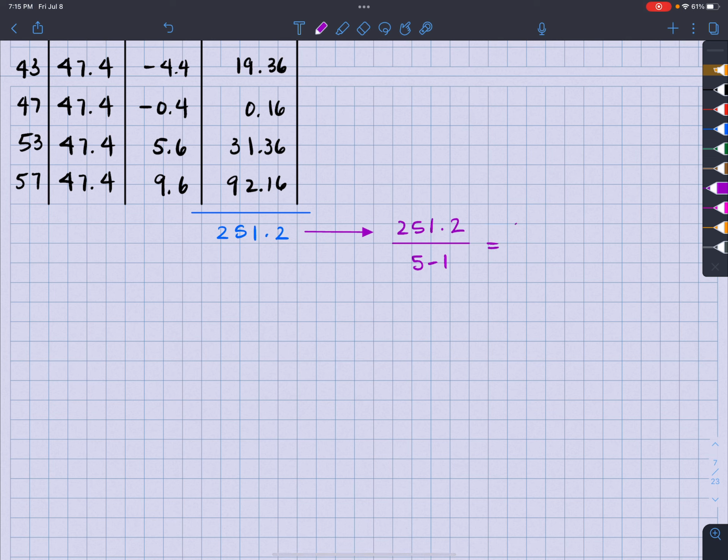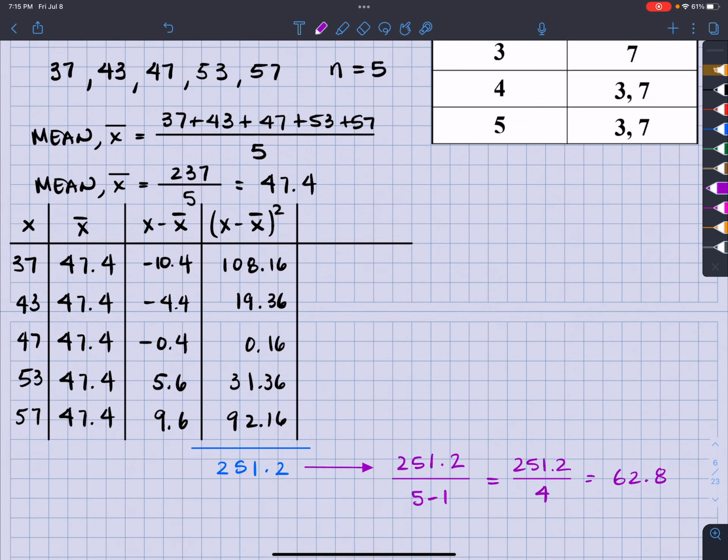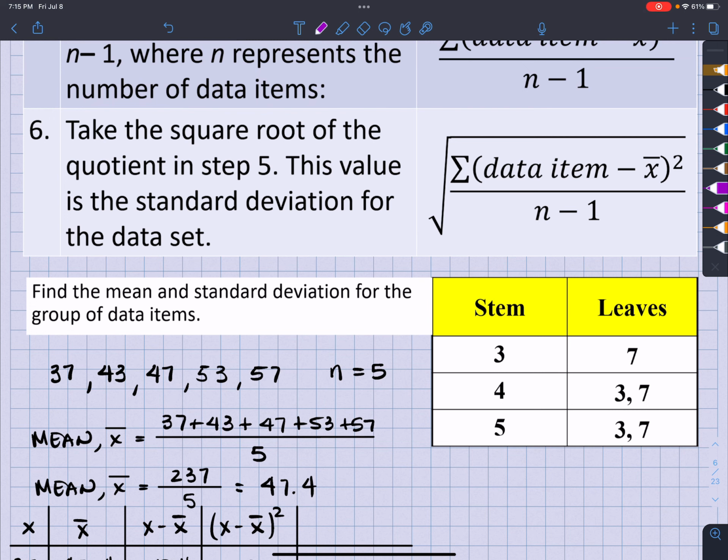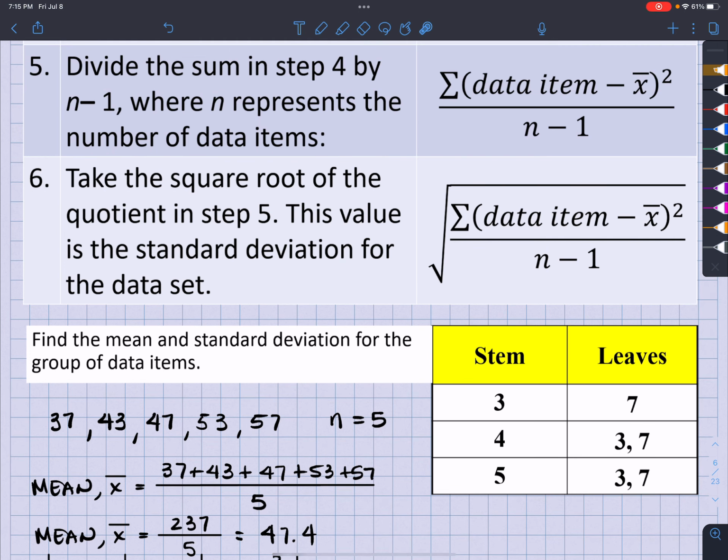So 251.2 divided by 4 is equal to 62.8. And last but not least, I'm going to have to take the square root of that.